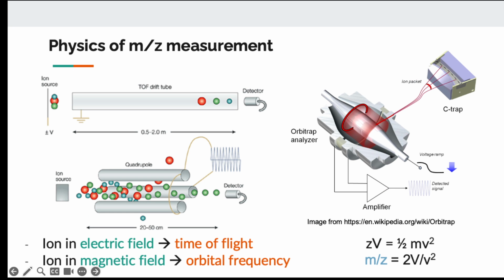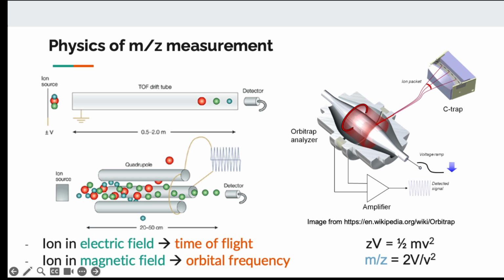So first, let's go over how the mass and charge can be measured. So let me take you back to like high school physics maybe. If we want to measure the property of an ion with charge, then we can accelerate the ion with an electric field.